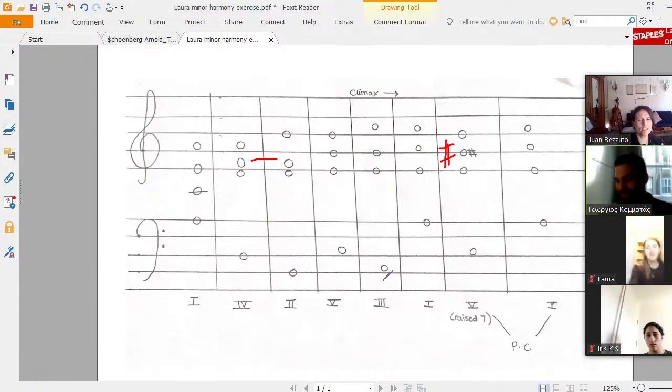Well, to be fair, I didn't specify a perfect authentic cadence. I said use the dominant major. That's it. If you use the soprano like a perfect cadence, actually, it's much better. It's much more difficult, as you well said.